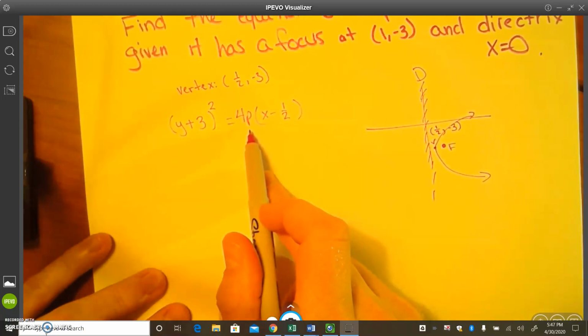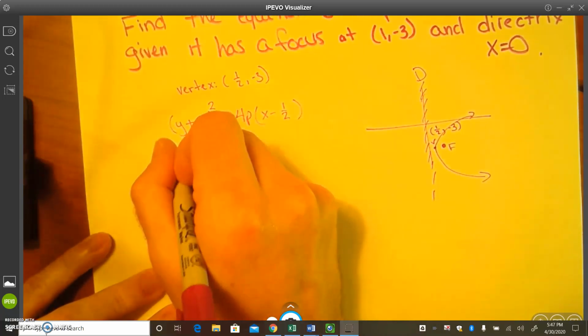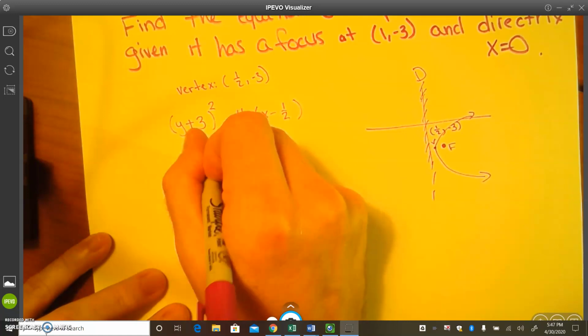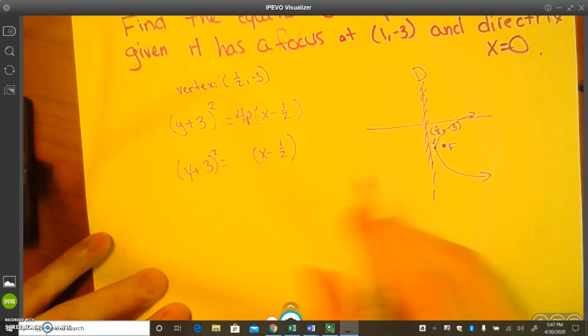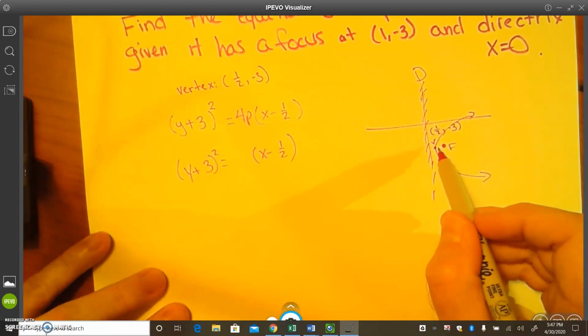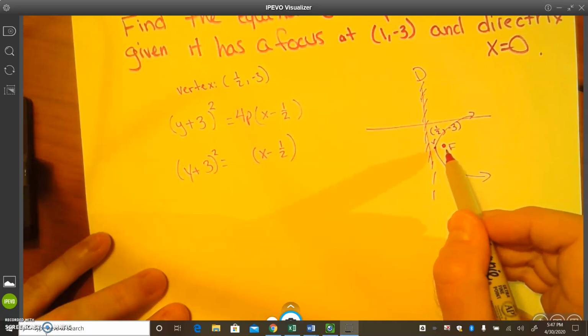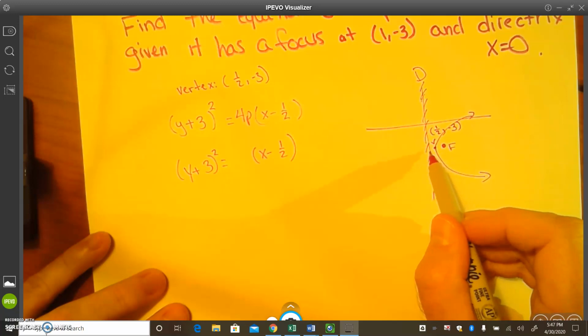And that's the last step we need to do, is figure out that value p. So I'm just going to leave that blank for just a second, and let's talk about that. So again, we know two things: vertex to the focus, that's a value p, or vertex to the directrix is also a value p.